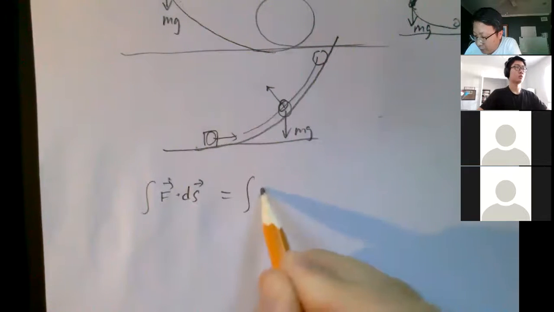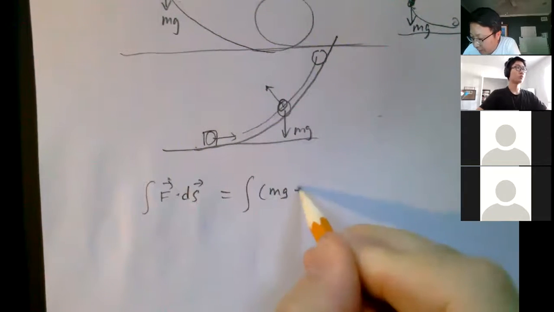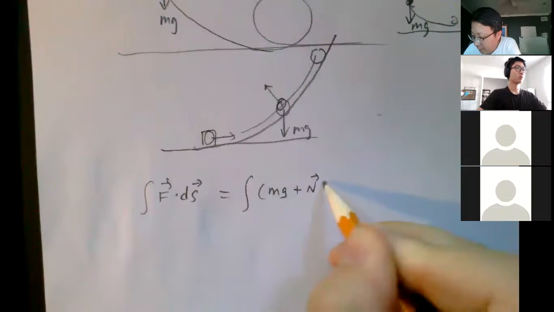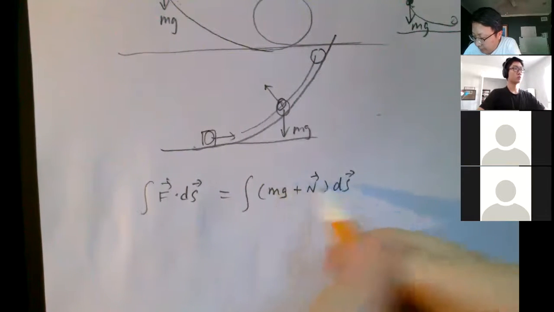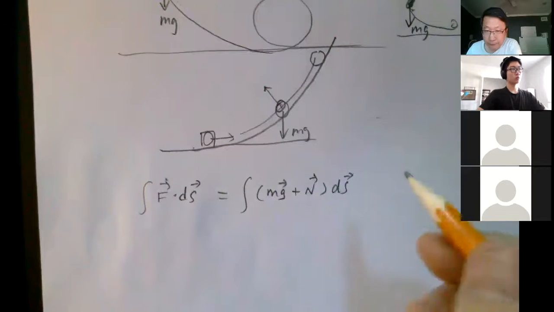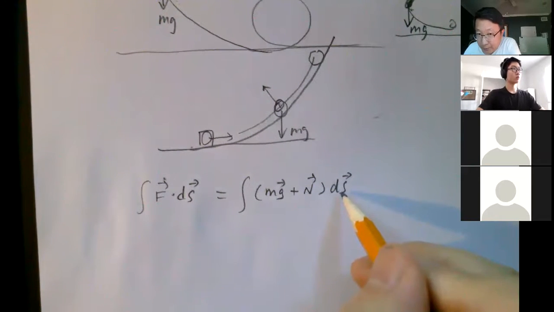equals the two forces, right, mg plus N, dot ds. N and ds are always perpendicular.